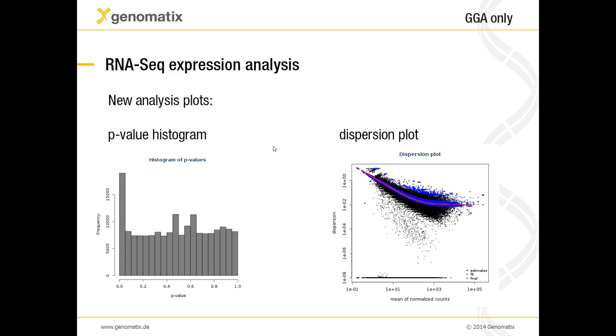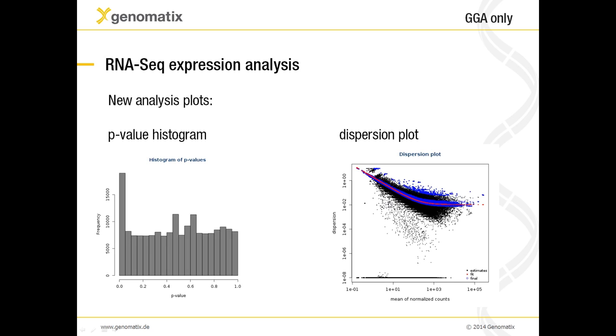And it is important for determining whether you have a differentially expressed transcript or not. So the higher your dispersion is, the higher the difference in the mean between the experiment and control group actually has to be in order to call this transcript a differentially expressed transcript.